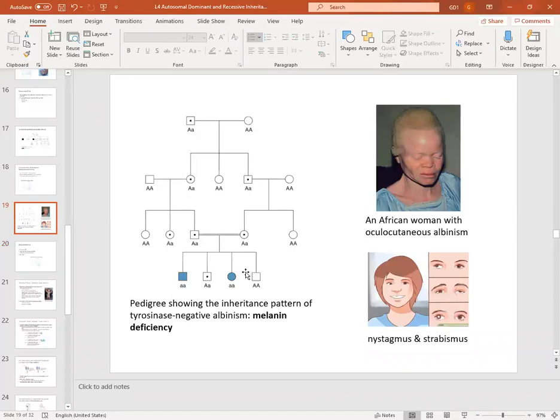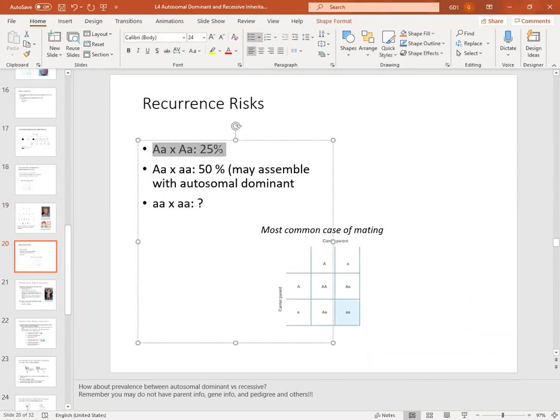But here we have 50%, right? Because, remember, last week we already calculated that the probability of each child is independent of the next child.